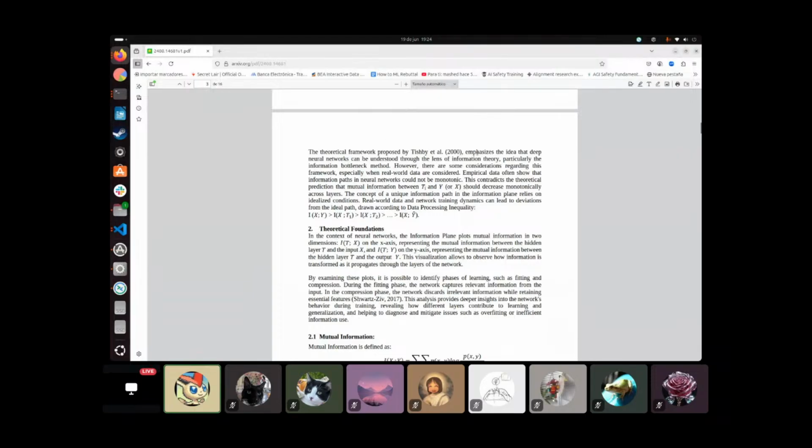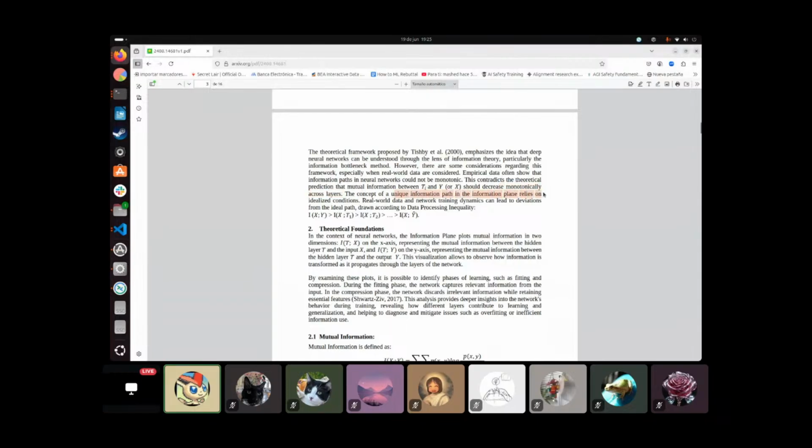Deep networks can be studied through the lens of information theory, particularly the information bottleneck. The information paths in neural networks could be non-monotonic. What does it mean for the information paths in a neural network to be monotonic? I think the next line explains it: mutual information between T and Y or X should decrease monotonically across layers.